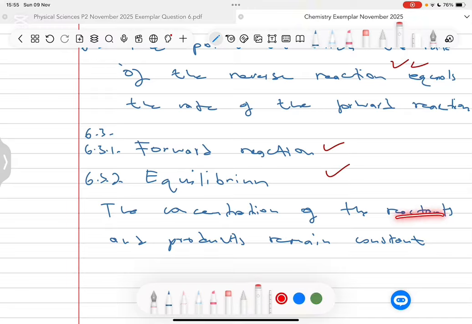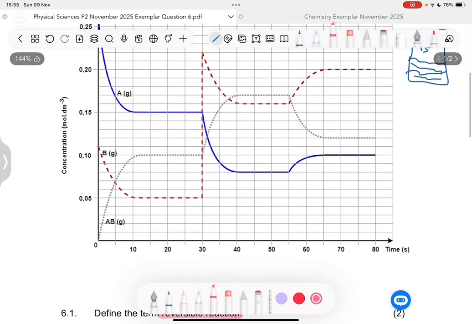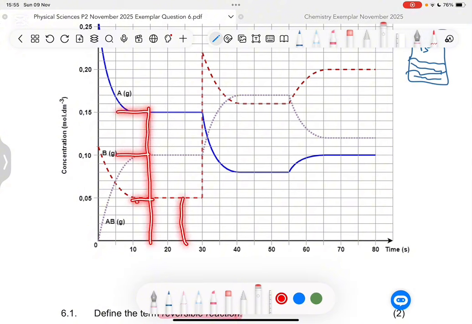The fact that the reactants and the products have a constant concentration means that if you plug them in the formula of Kc, you'll get a value that doesn't change. So if you take the concentrations at this point and put them in the value of Kc, and also take them here and put them in Kc, you'll get the same number.